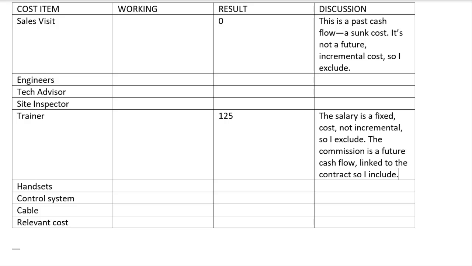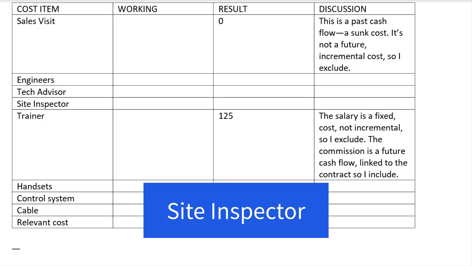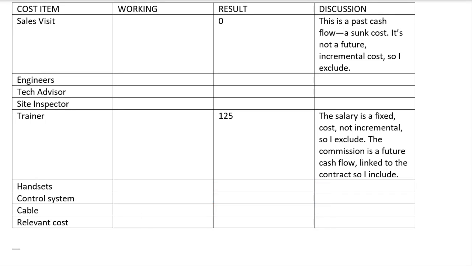Doing exactly what the question asks for, nothing more, nothing less. Detailed notes, why we include and exclude each item. Let's check out Site Inspector now. We are cherry picking the shortest paragraphs, and Site Inspector is our next stopping point. So pause the video, check out Site Inspector, come back and tell me the relevant cost.